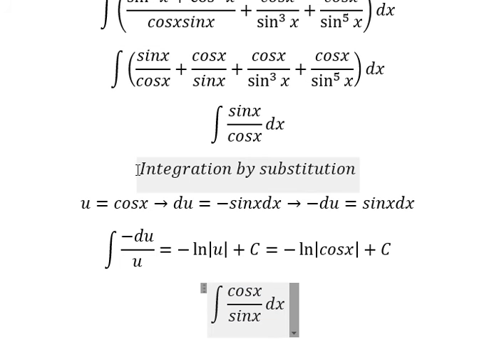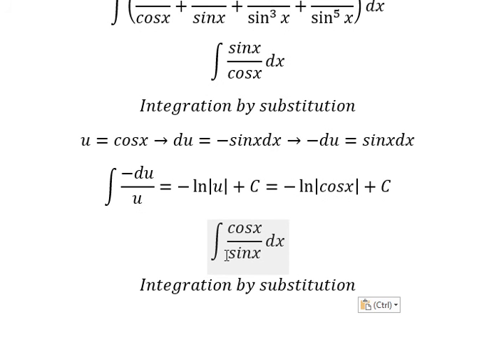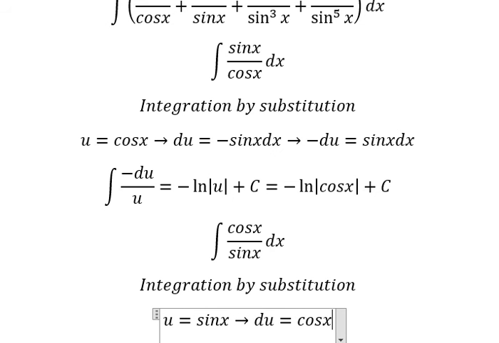So we use integration by substitution, but I will select u equal to sine x. So if we do the first derivative, we have cosine x dx.